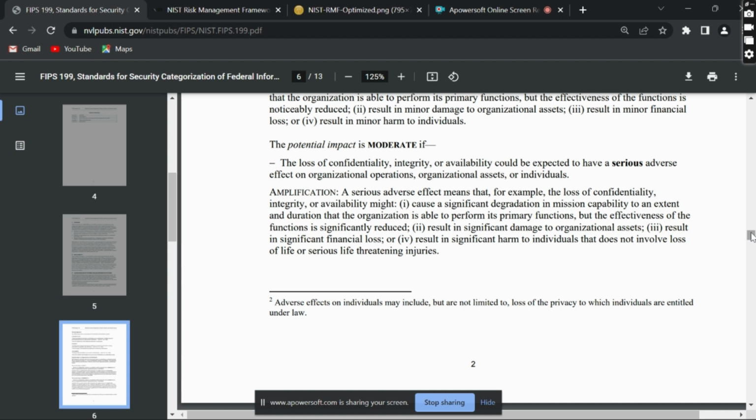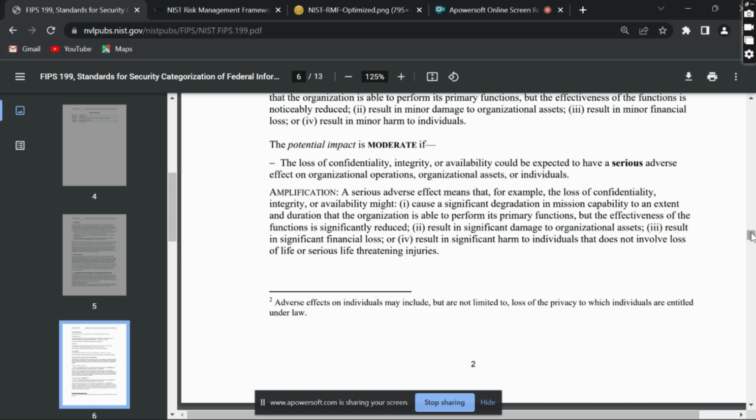So, of course, there is going to be a kind of loss. There's going to be a harm to individuals that does not involve loss of life or serious threatening. So let's use the healthcare system. Let's take patient information, for instance.